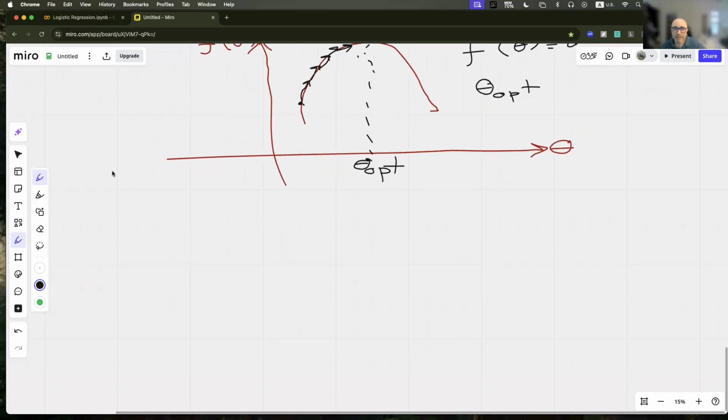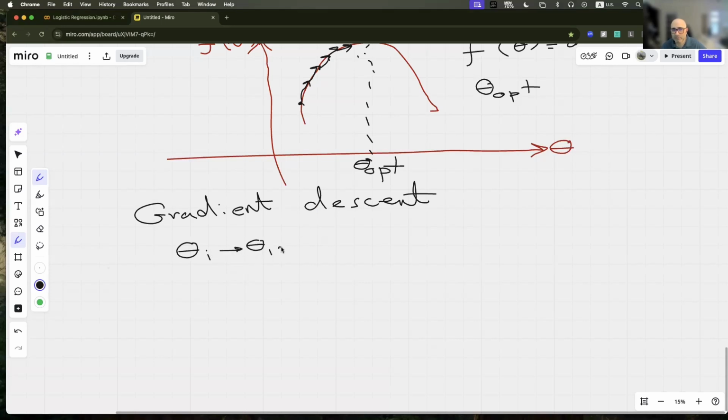When we're using gradient descent to calculate these thetas, we take the derivative of the natural logarithm with respect to each one. We have different values for theta: theta 1, theta 2, theta 3, up to theta m. Here m is based on the number of features, not the number of samples.